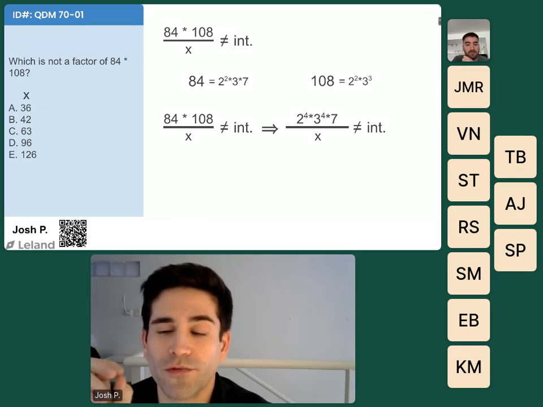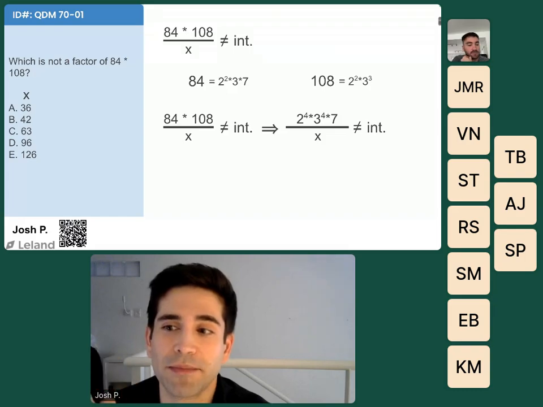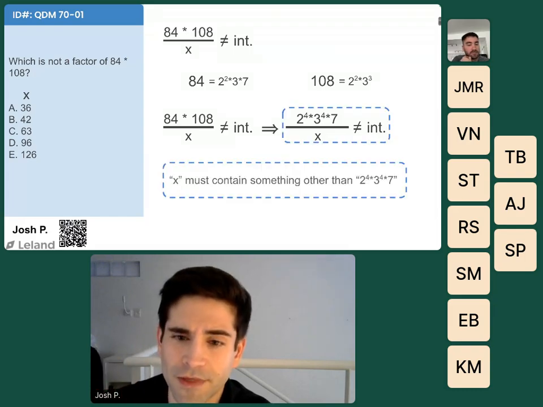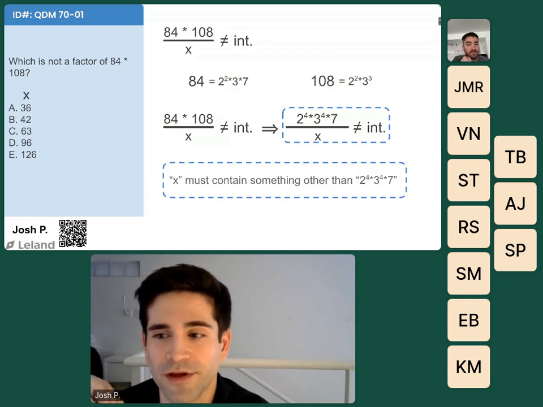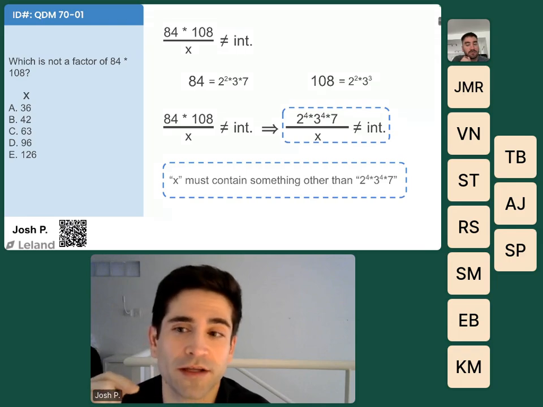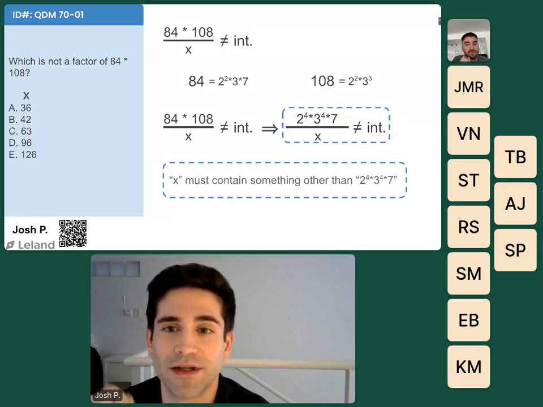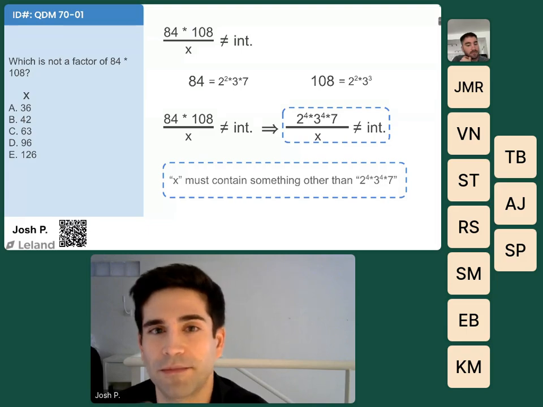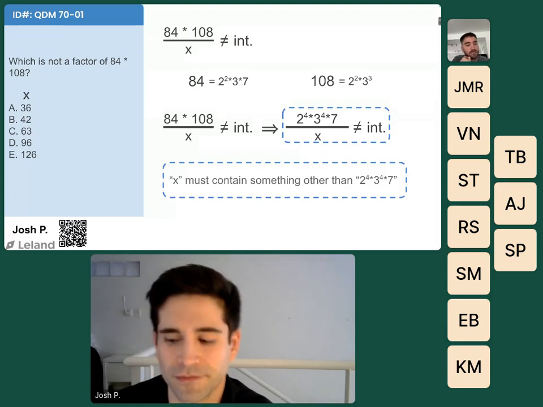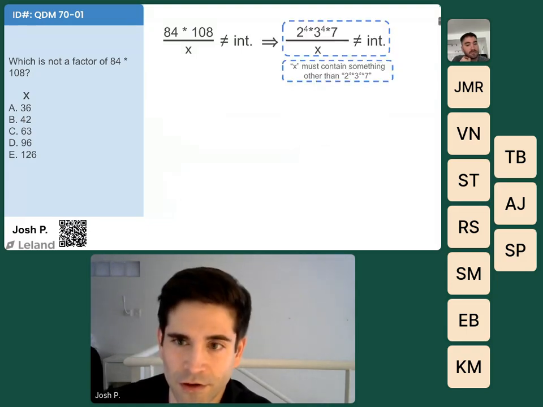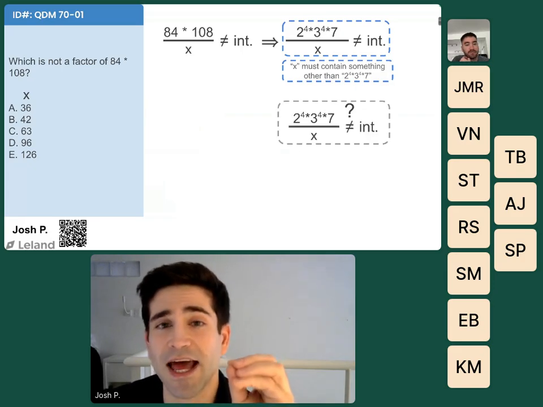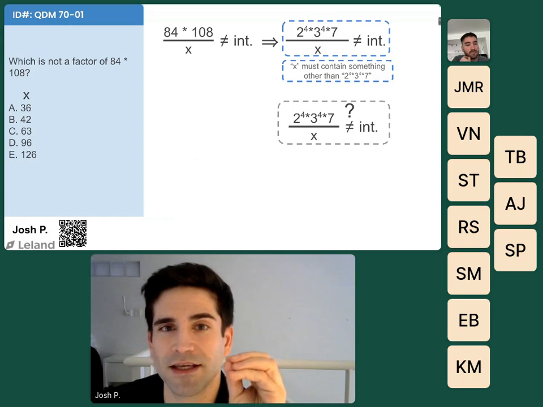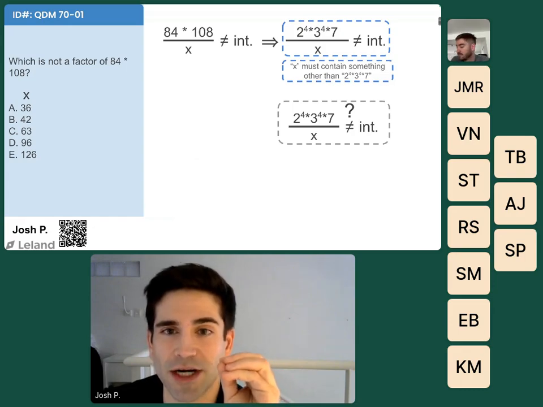So in order for this fraction to not be an integer, x must contain something other than 2 to the 4th times 3 to the 4th times 7, because that way the denominator cannot cancel out and thus the result will not be an integer. What we are going to do now is look at each answer choice and ask ourselves, is the fraction an integer or not?